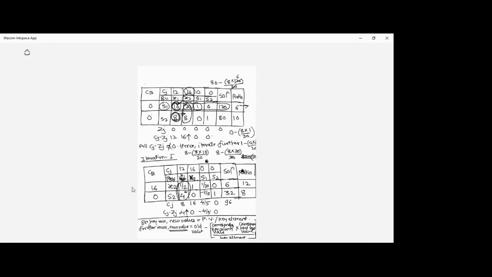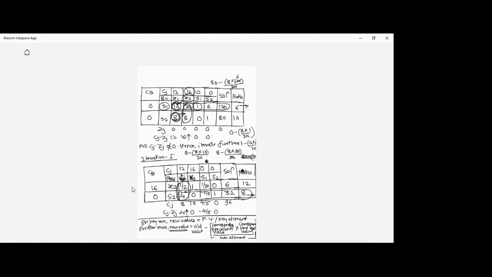So we have to find out the leaving variable. The minimum value amongst the ratios is 8, and hence this will act as the leaving variable. I'm also going to highlight this particular row, which is called the key row. So we have now got the key column and key row, and you can identify that the key element is 4, right?